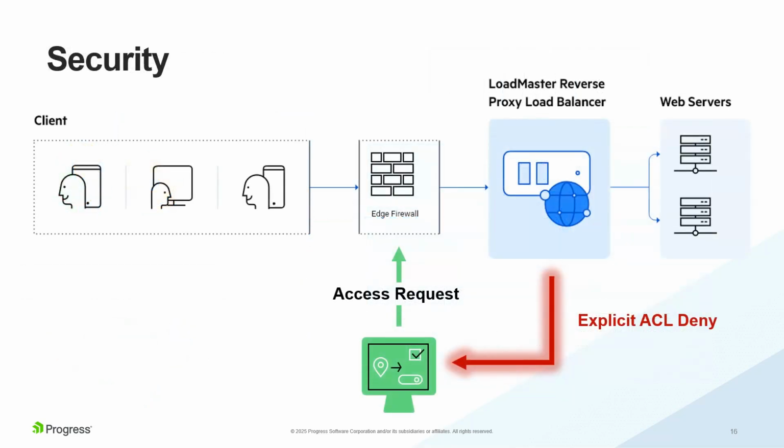So as it relates to security, inherently, the load balancer does a couple of things, right? It provides application and network security. It's a reverse proxy. So as a reverse proxy, it only allows connections to specific IP addresses on designated TCP and UDP ports, similar to a traditional network firewall.